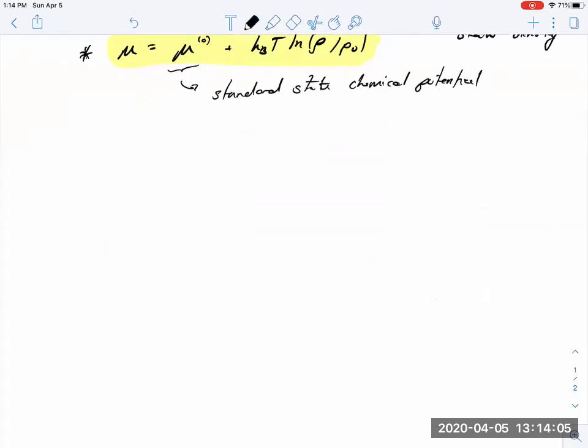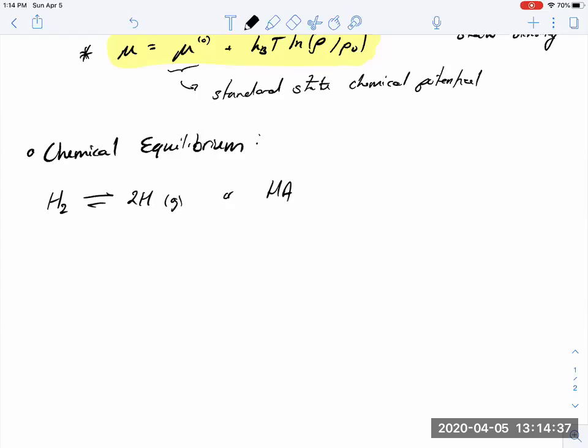Specifically, we started talking about questions of chemical equilibrium, imagining that I have some set of reactions that I want to describe the equilibrium constants of. So imagine, say, a gas phase reaction whereby hydrogen gas dissociates into 2 hydrogen atoms. Or maybe how an acid in solution dissociates into an excess proton and its conjugate anion.